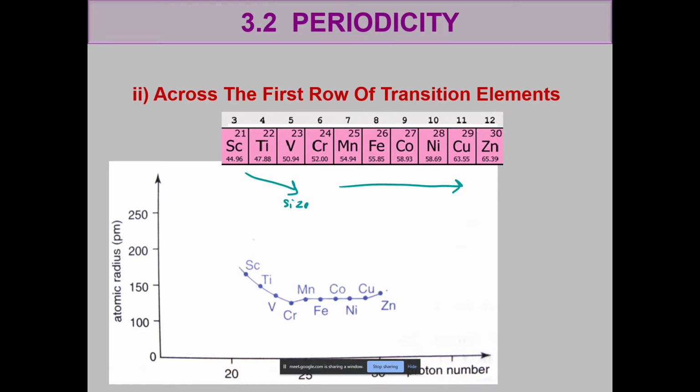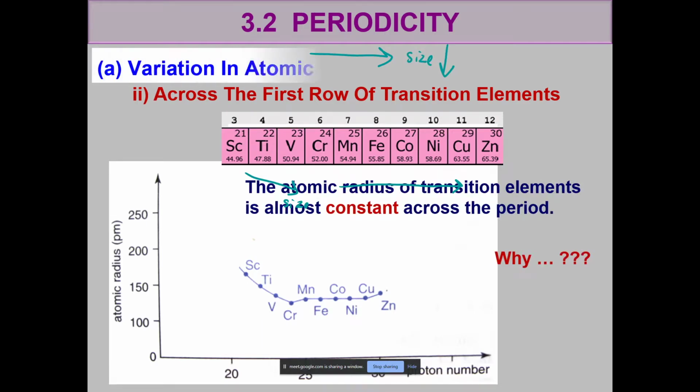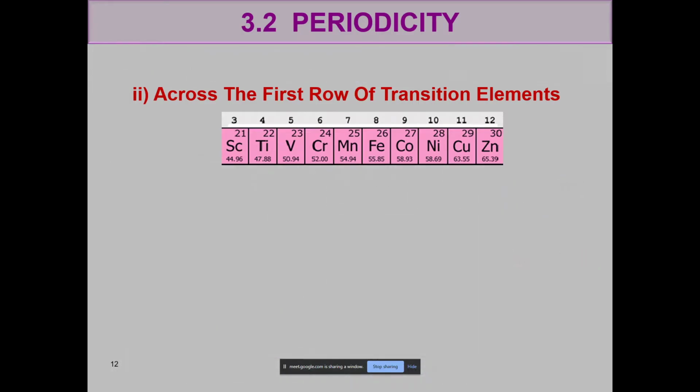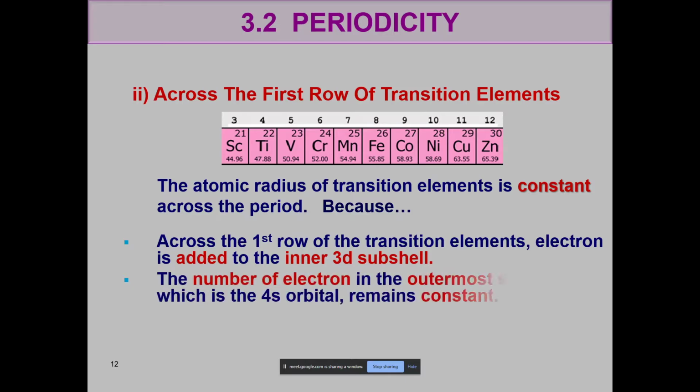So in this, we actually are trying to justify kenapa the sizes tak banyak berbeza. When kita cakap awal-awal tadi, across the period, dia punya size should menurun, kan? Okay. So, kenapa dia constant?